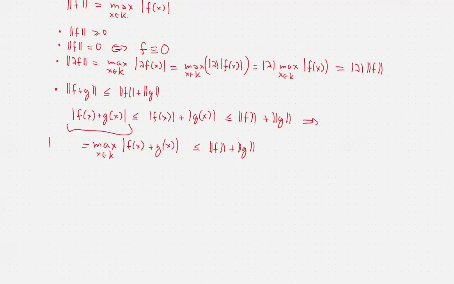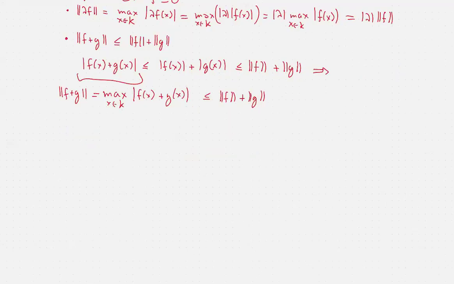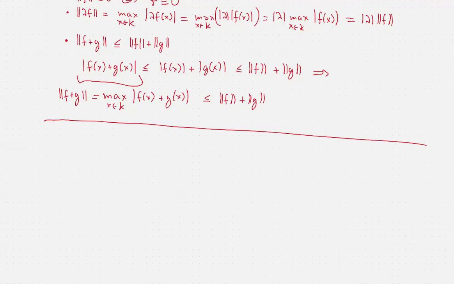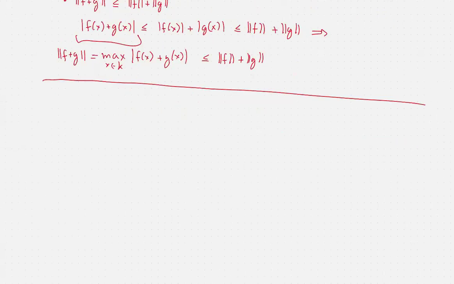And what we would like to do now is show that this is a complete metric space, that this is a Banach space. And here we will try to outline the proof of a general theorem that says that the uniform limit of continuous functions is continuous.